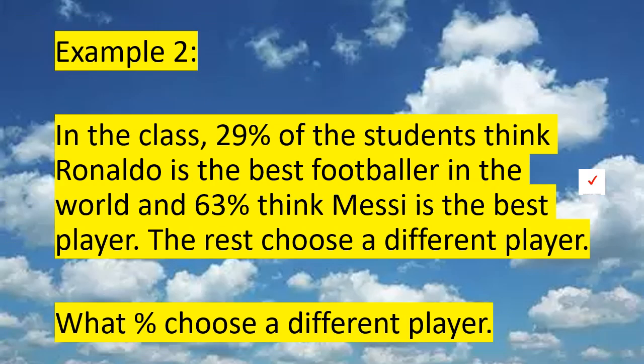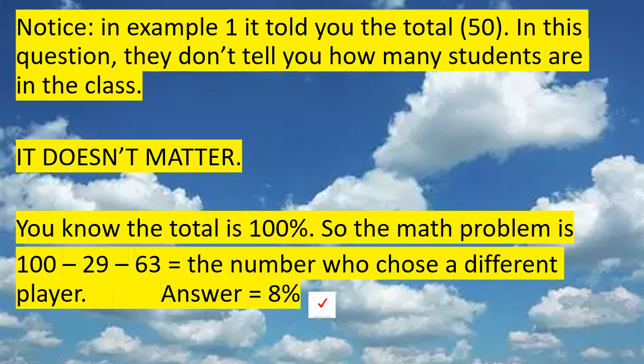Example 2. In the class, 29% of the students think Ronaldo is the best footballer in the world, and 63% think Messi is the best player. The rest choose a different player. What percentage choose a different player? So notice in example 1, I told you the total, 50 students.